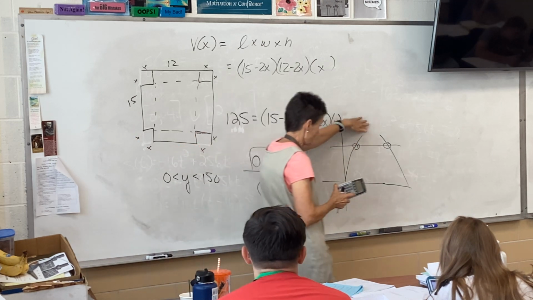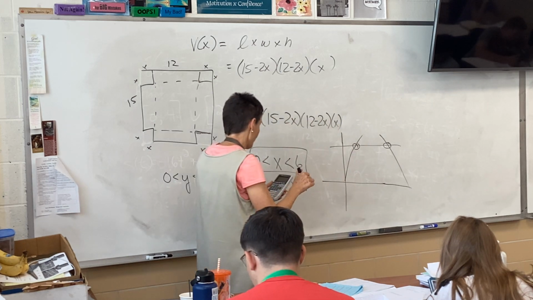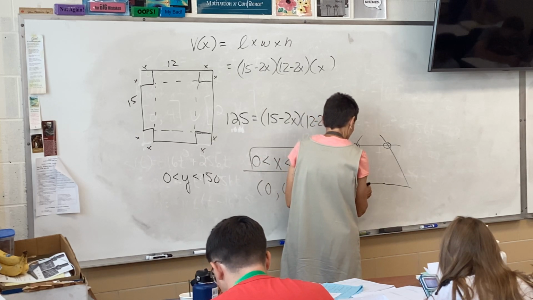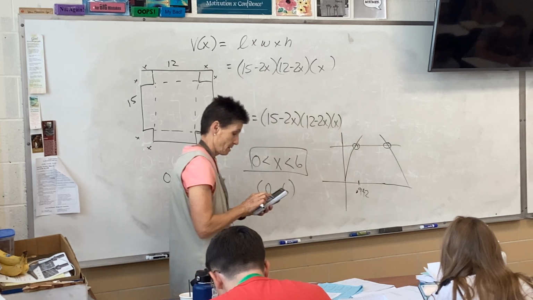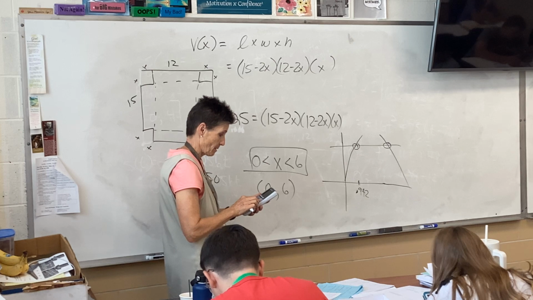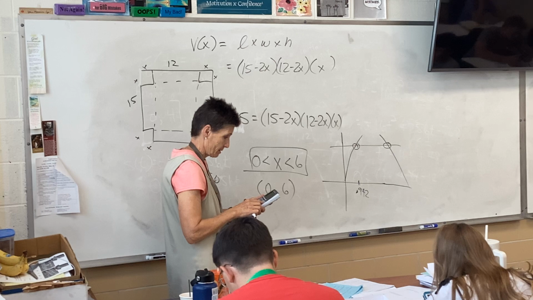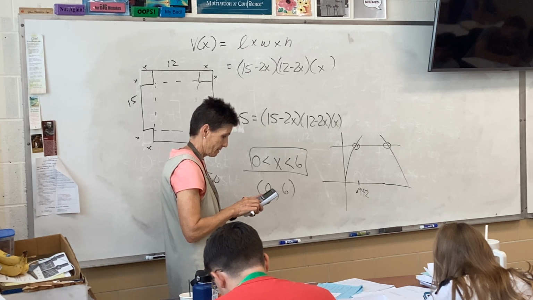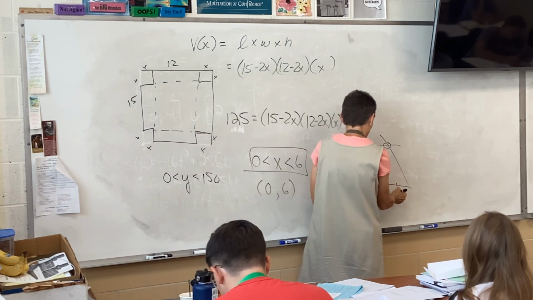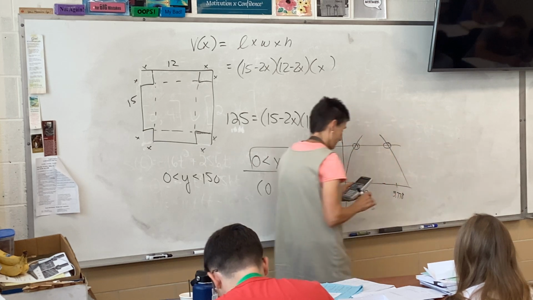Second curve up here somewhere. And I got that my corner could be 0.942. We'll do it again. And that time I got 3.778. Is that what you got?